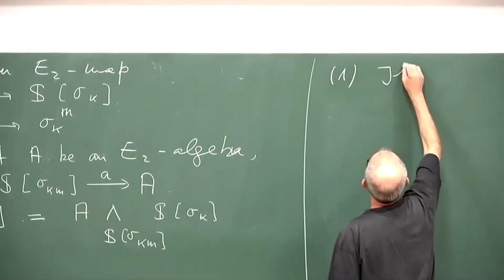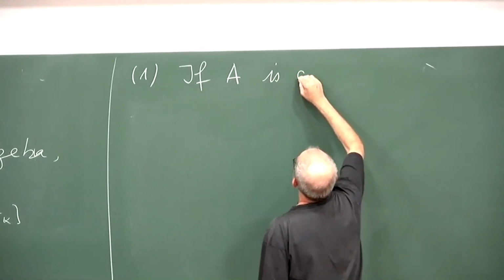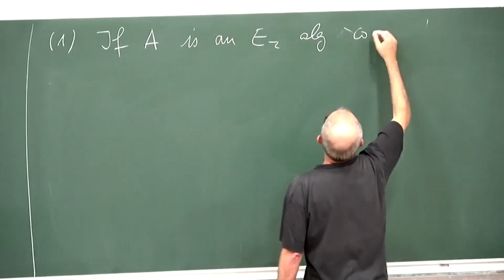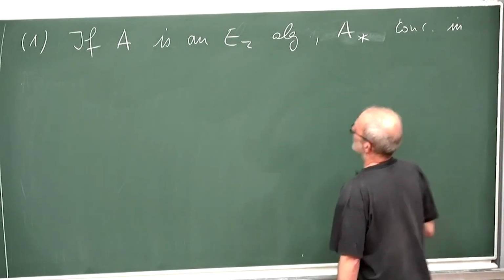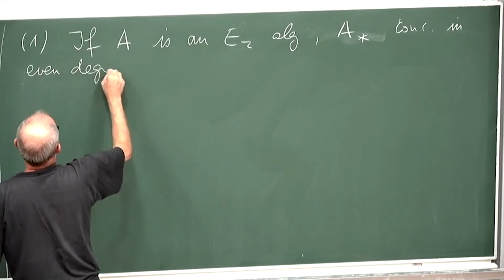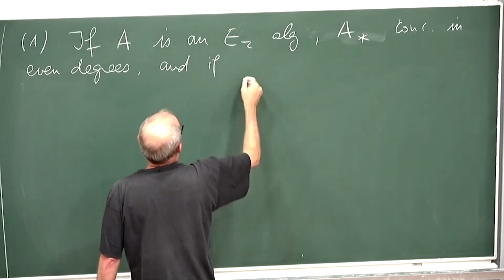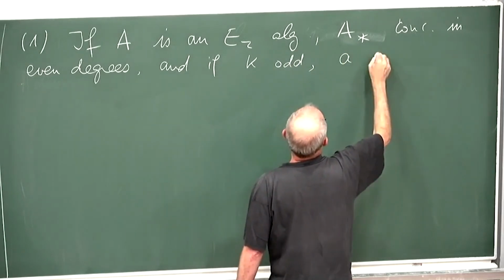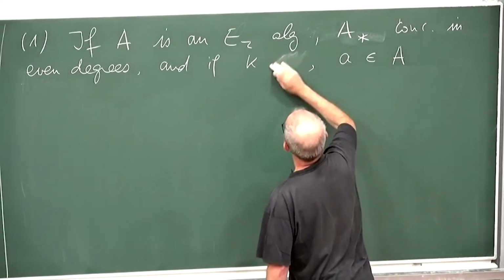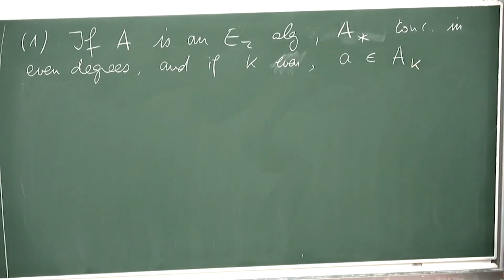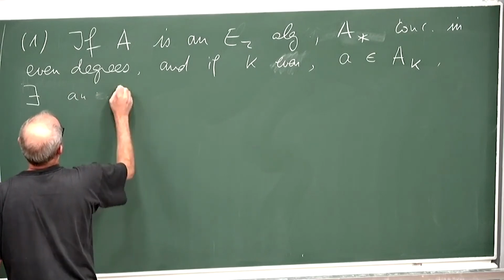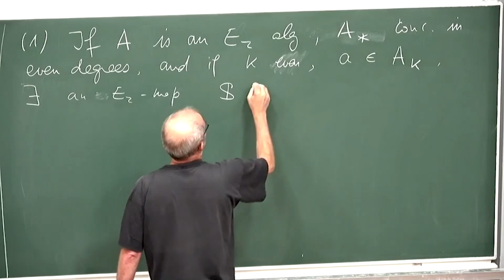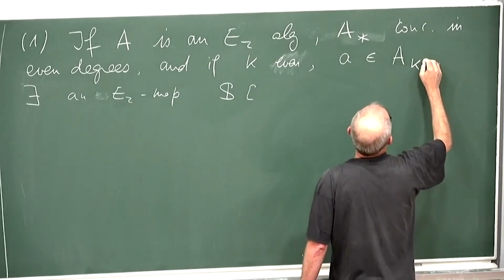If A is an E2 algebra concentrated, let's say, with homotopy groups in even degrees, and if K is odd and A is a class, even, sorry, then you can produce such a map that will map sigma AK to A. Then it exists. So here it should be MK, sorry.